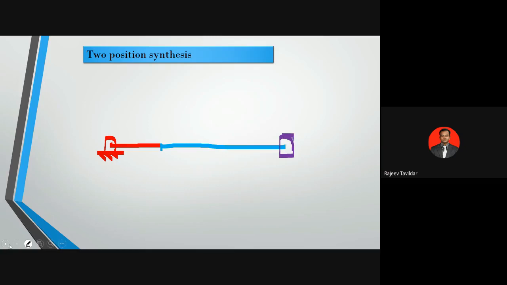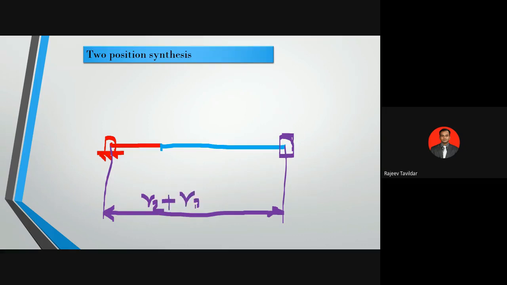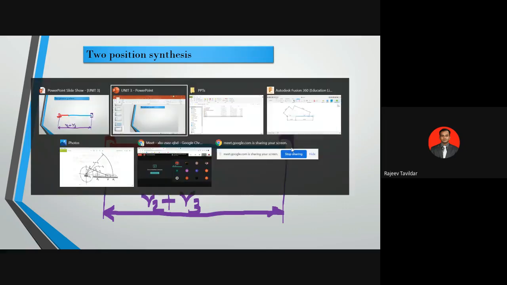Now I want to know what is the distance between this fixed point and this slider position. This distance I'm going to call R2 plus R3, right? Because they are along a straight line, the distance between the fixed point and the slider becomes R2 plus R3. Let us go back to the software again.